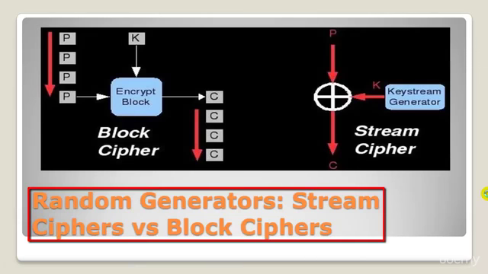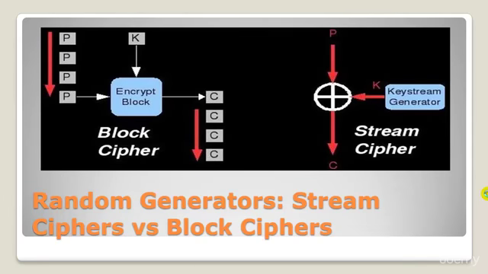After that we have random generators, that is, stream ciphers versus block ciphers. The second basic cryptographic primitive is the random generator, also known as a key stream generator or a stream cipher. This is also a random function, but unlike in the hash function case, it has a short input and a long output.